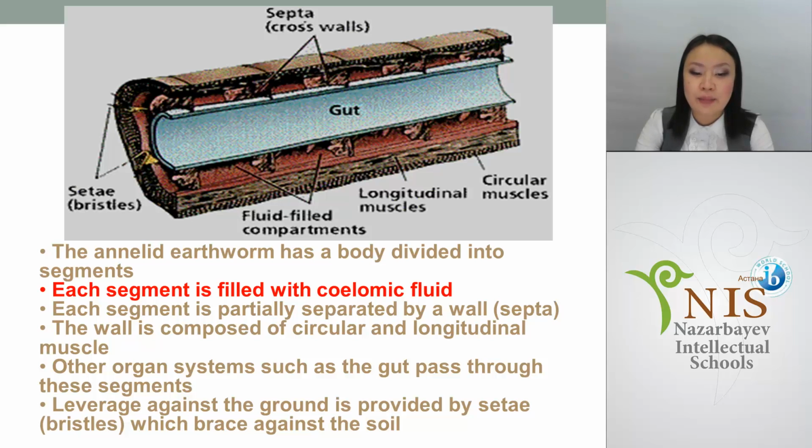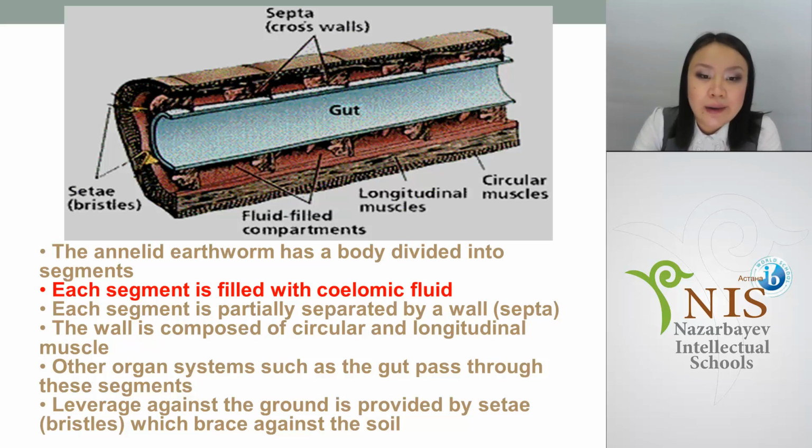Each segment is partially separated by a wall, septa, and the wall is composed of circular and longitudinal muscle. Other organ systems, such as the gut, pass through these segments. Leverage against the ground is provided by setae, which brace against the soil.